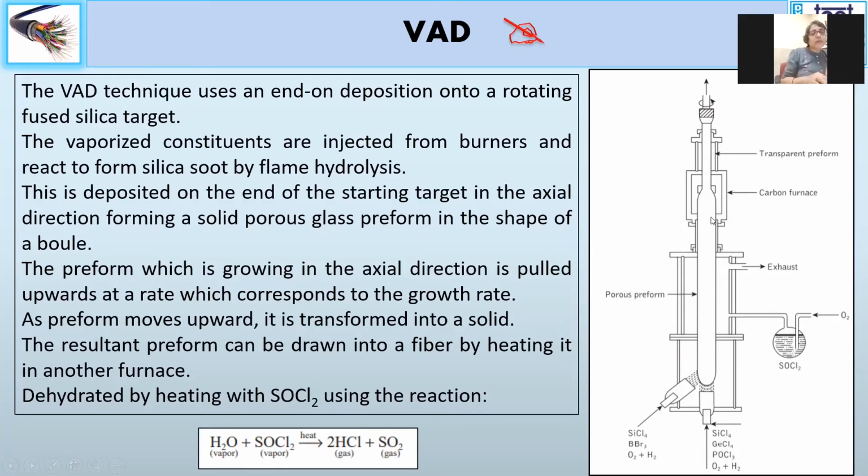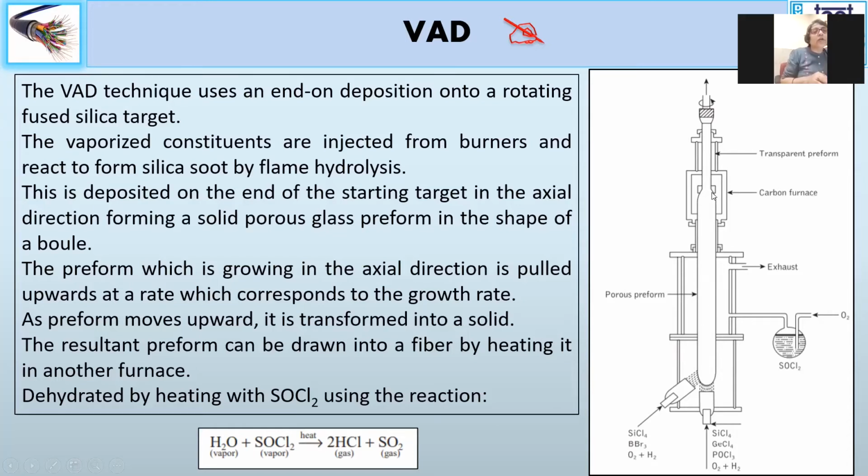The second part of this process is exposing this porous preform to the carbon furnace. At high temperature, this porous preform converts into a transparent preform that can be further used for fiber drawing.